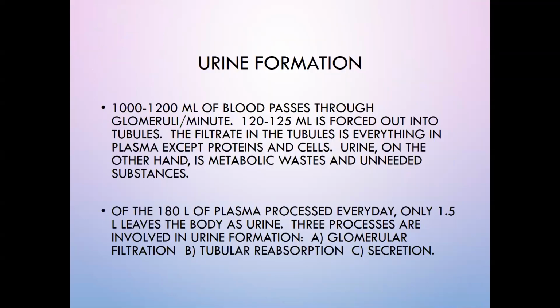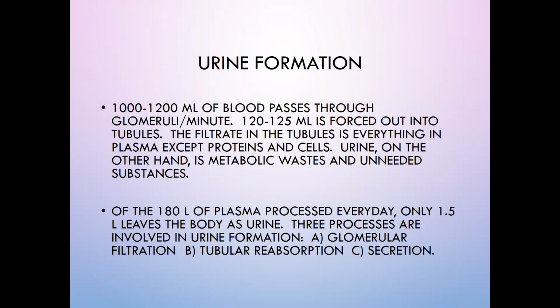We're going to take a look at our processes now, especially filtration, and how we form the filtrate. Every minute we have about 1 liter of blood passing through the collective glomeruli, with a heart rate of 72 beats per minute.